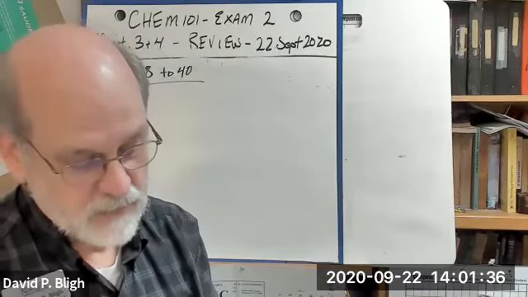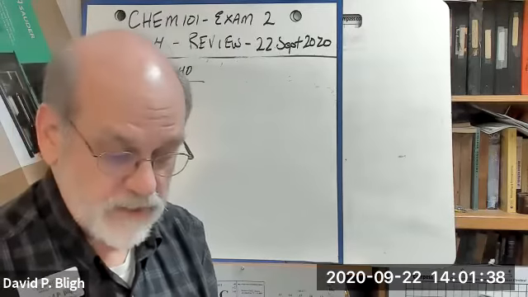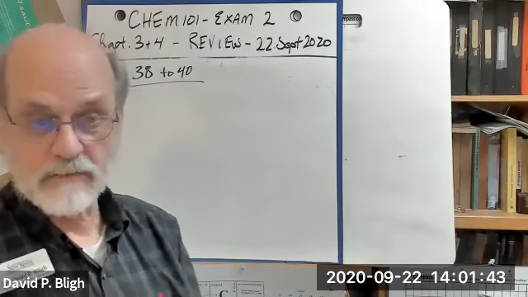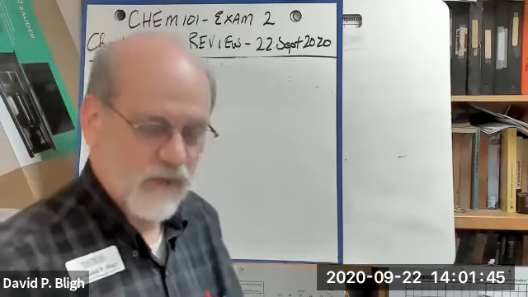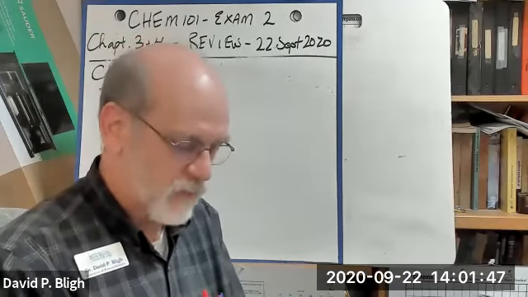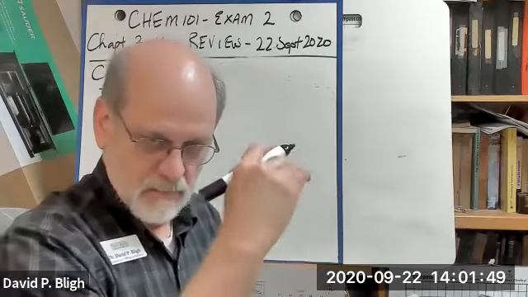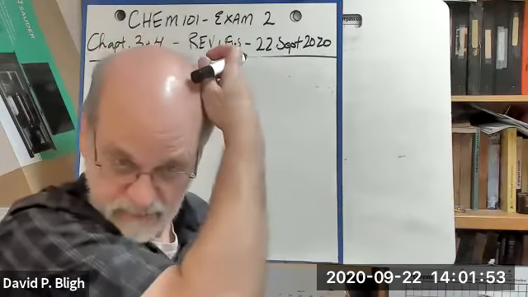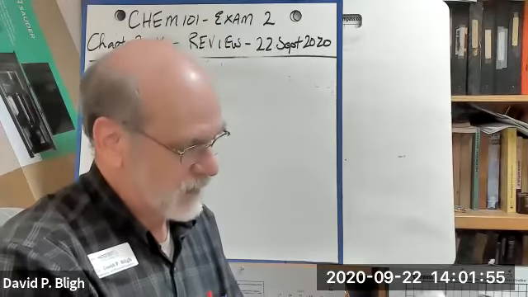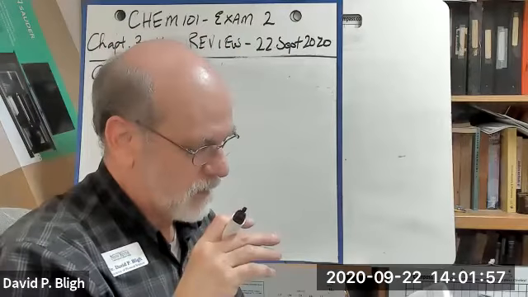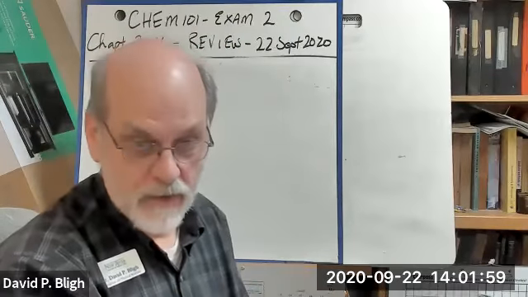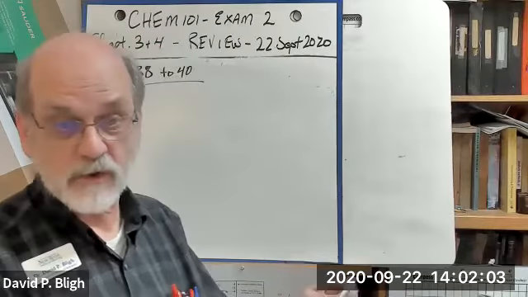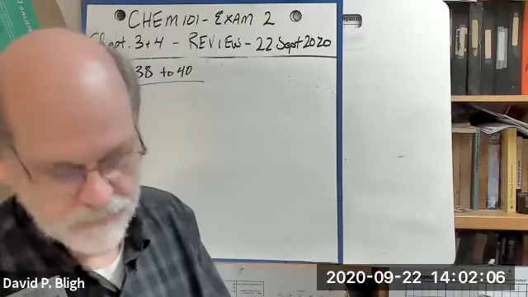That's 38. The balanced complete ionic equation, which of the following terms? And 40, the net ionic equation. So that's why they're put here together, because the same reaction. Molecular equation, or formula equation is probably more accurate, complete ionic equation, net ionic equation. So we've got to do all three of them to answer those three questions. So we might as well do that first, then we can answer.